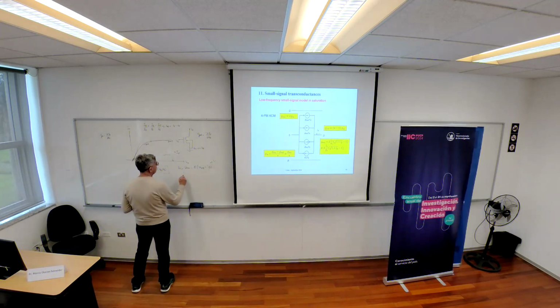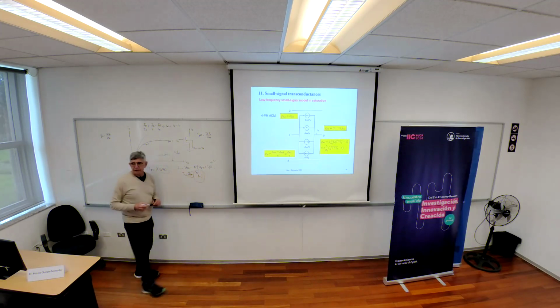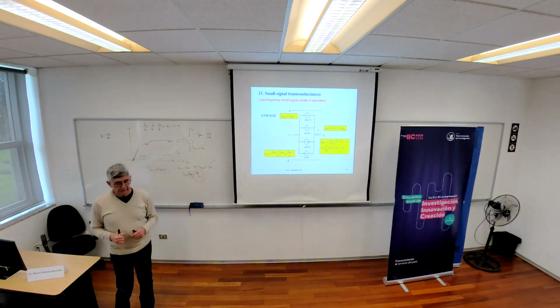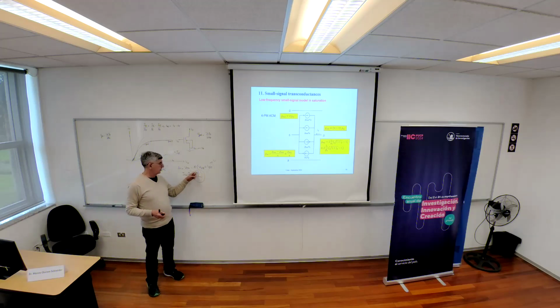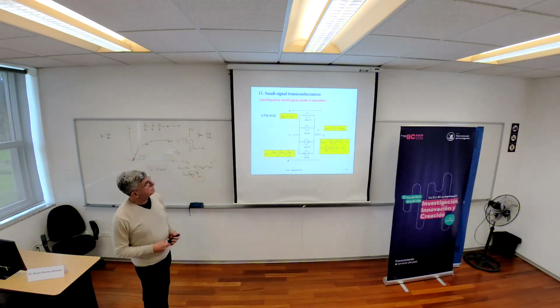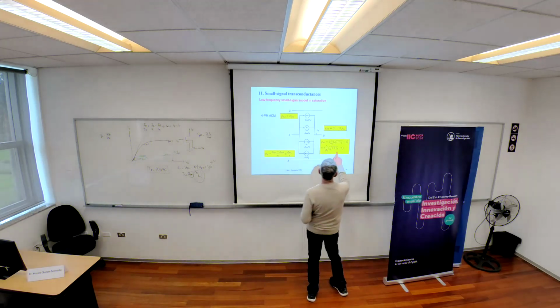You know that IS is a technology parameter, N, times W over L. This is a design parameter. Designers can choose the channel width and the channel length. And the other parameter is this one here.